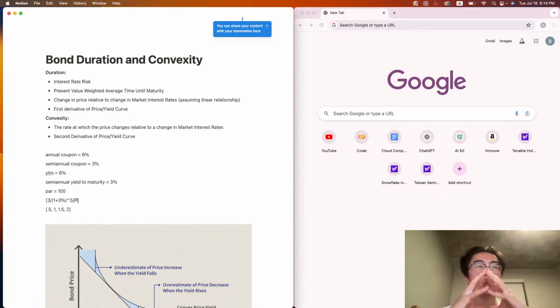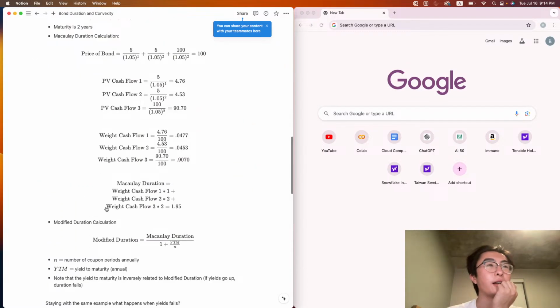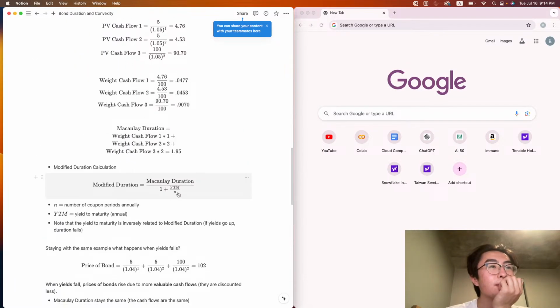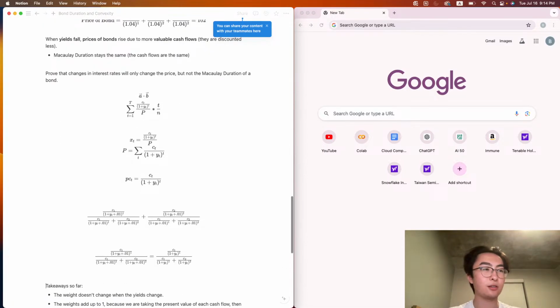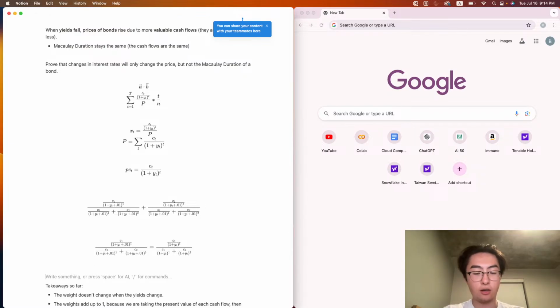I want to say the reason why is because it's proportional. Let me think about it this way. So this is where I was stuck on, proving this relationship. So I'll come back to this. There's one thing I just thought of so far.